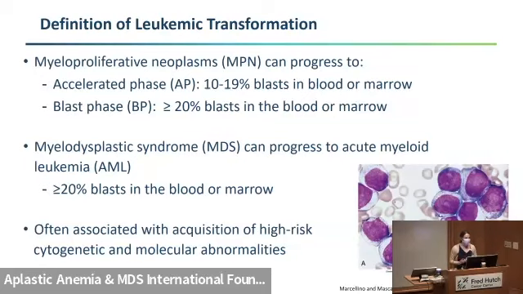It's often associated with acquisition of higher risk cytogenetic and mutational abnormalities. So someone might have had a JAK2 mutated MPN for many years, and then the stem cell acquires a higher risk mutation, and that can be associated with the risk of transformation. And this is an illustration of what those blast cells look like. They're sort of bigger versions of white blood cells.